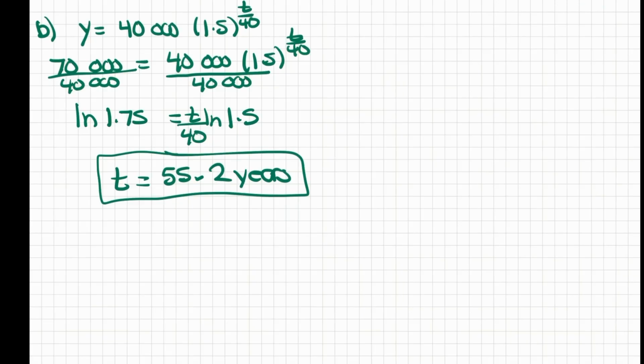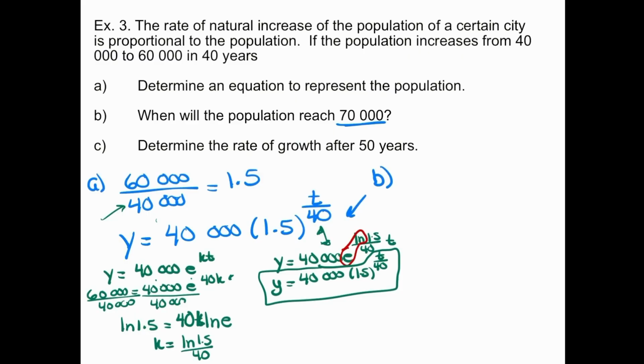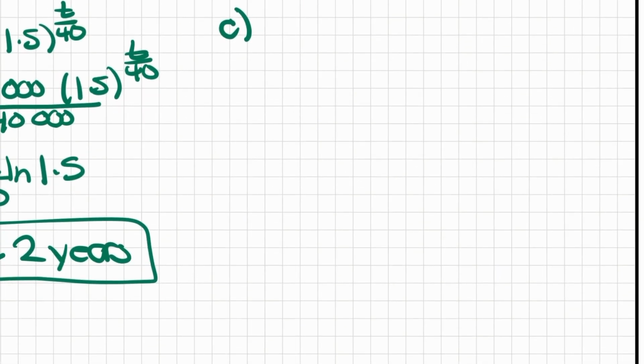The last part of this question, part C, was asking us to determine the rate of growth after 50 years. For this rate of growth, we need to take the derivative. So what is that going to look like? Well, we have y equals 40,000 times 1.5 to the power of t over 40.